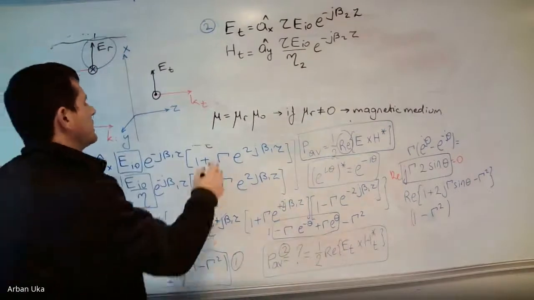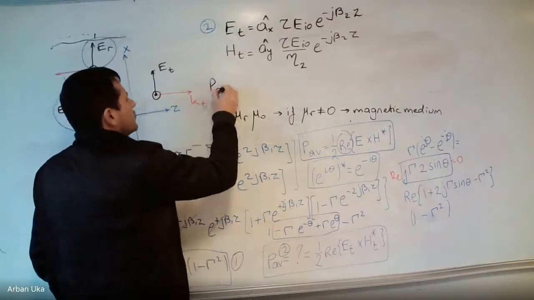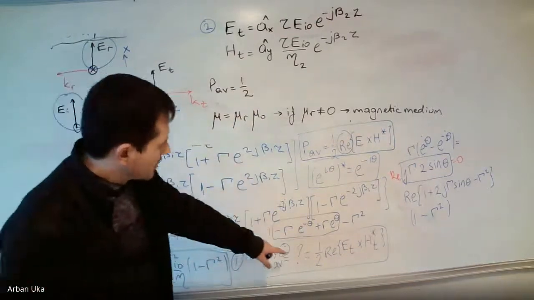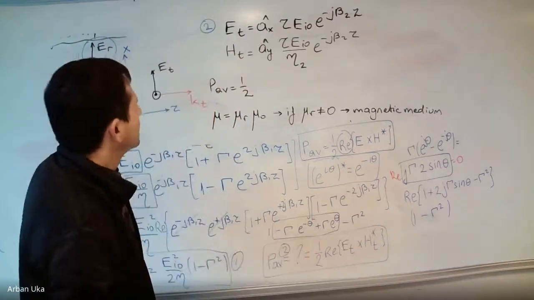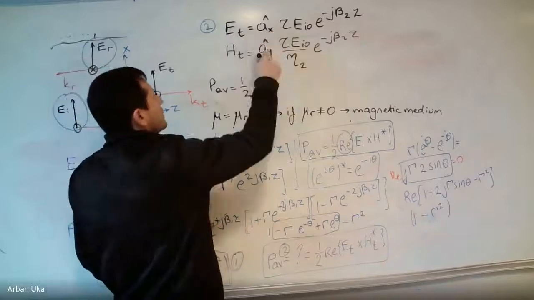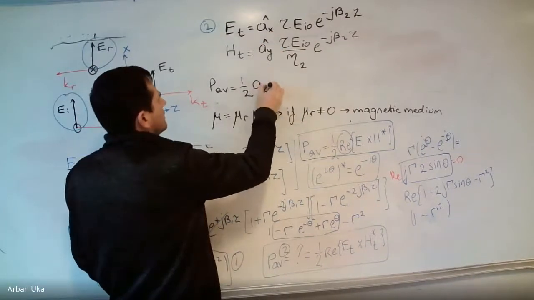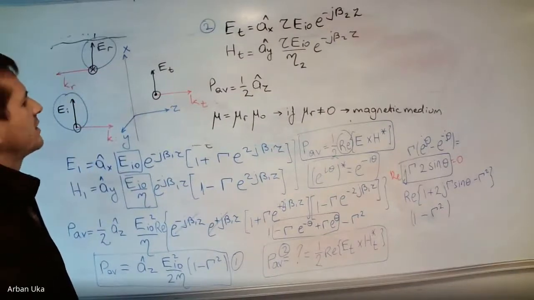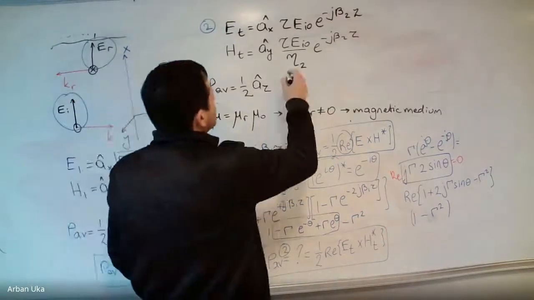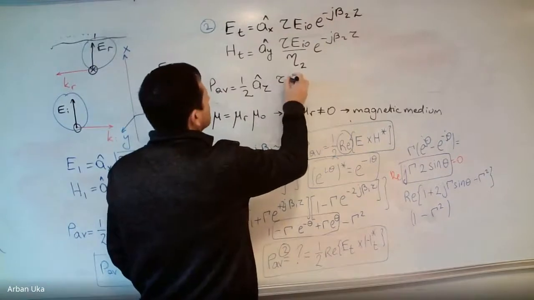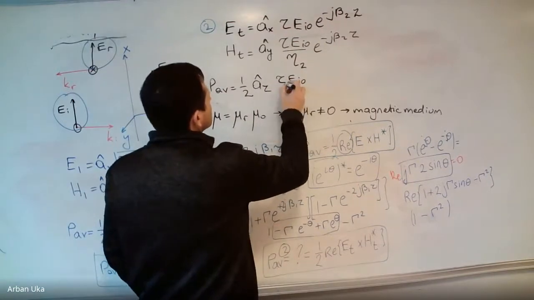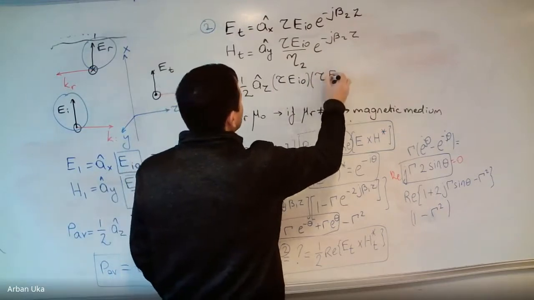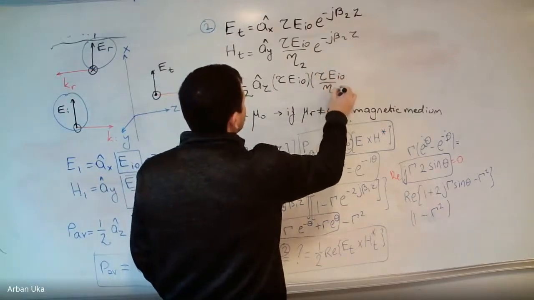So what is the time average power density? This is going to be the following. This is 1 over 2. Let's follow this expression here. What is the cross product of AX with AY? We get AZ, and then let's multiply the amplitudes. They are tau times the incident wave amplitude, times the amplitude of the other wave, which is tau EI0 divided by eta 2.